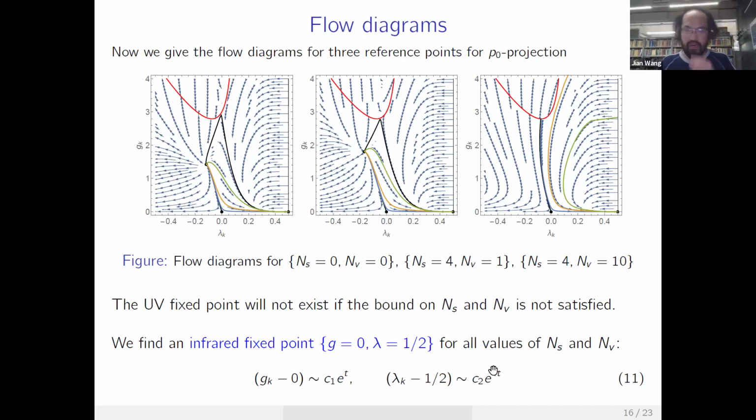Since this property is independent of the trajectories we picked, and for different trajectories only the coefficient in front would be different but the scaling property would be the same, we think this should be a good limit of the RG trajectories, and it could be regarded as a fixed point. One interesting thing is that the existence of this infrared fixed point is in fact independent of the number of matter fields.